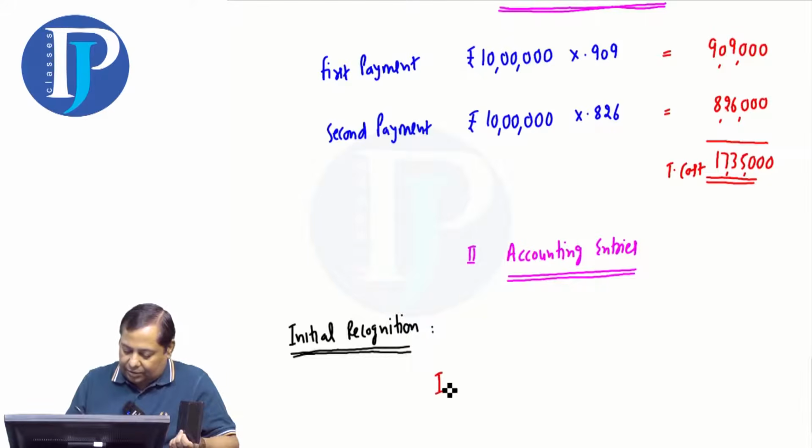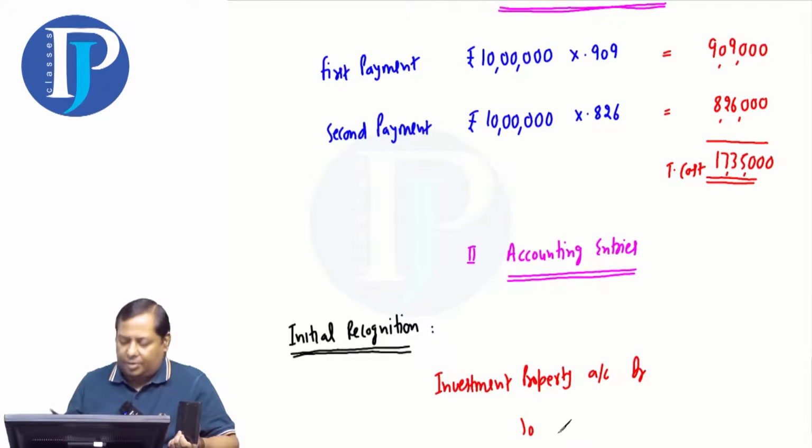I will pass the entry. Investment property account debit to the creditors.